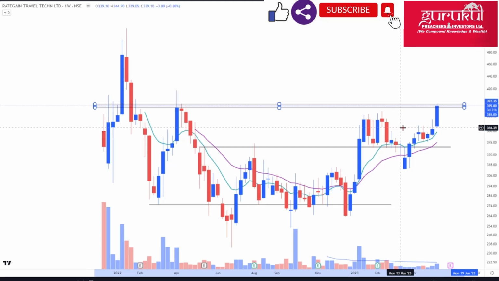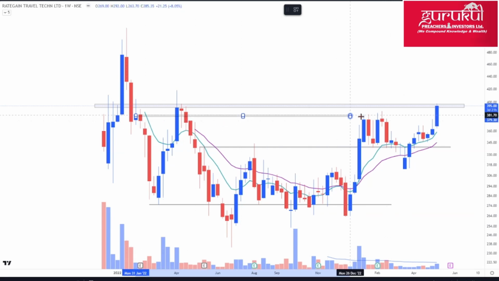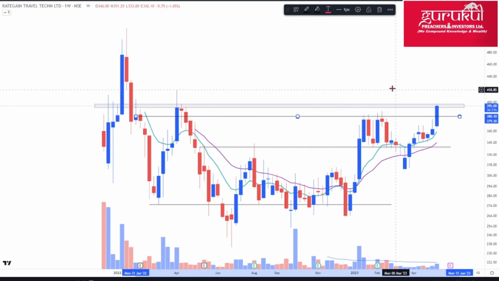So here you see these resistance lines, and of course the price has spent a lot of time here. It is 1, 2, 3, 4, 5, 6 weeks. That is approximately 1.5 months. So there is also some major congestion area, and here also we can draw a line, right?